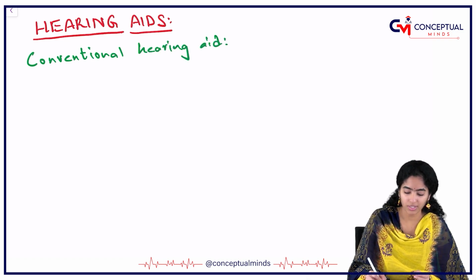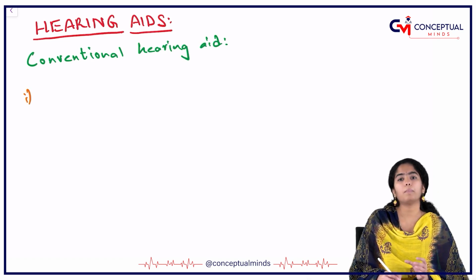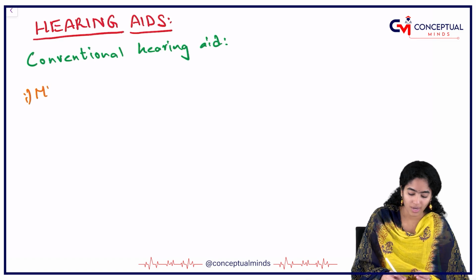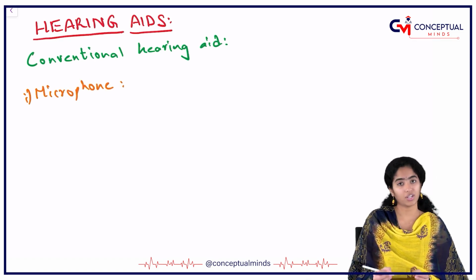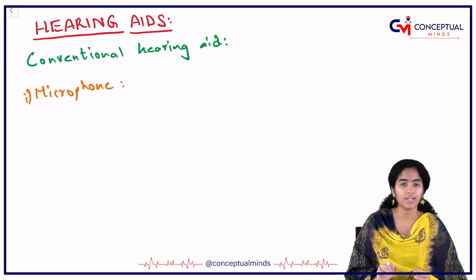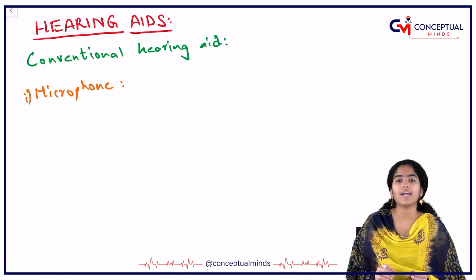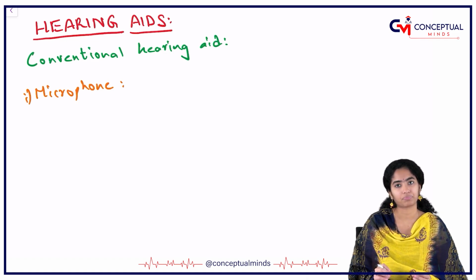So this conventional hearing aid has three parts. The first part is a microphone. What does a microphone do? Not just in hearing aids, generally anywhere in social programs also we use a mic, right? What is the function of a microphone? It picks up sounds and converts them into electrical impulses.